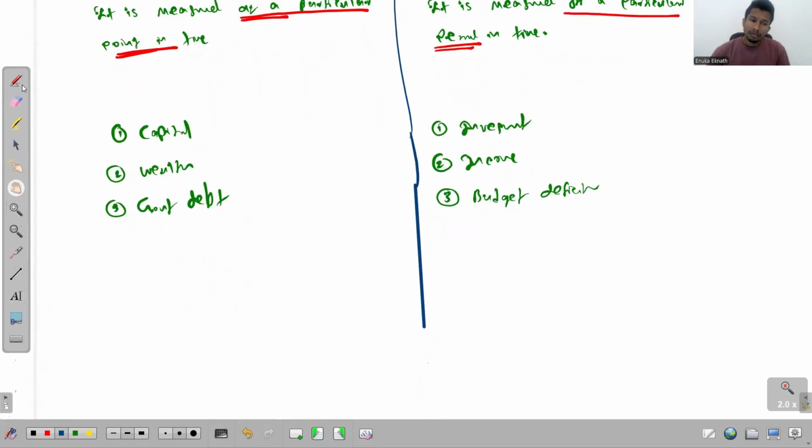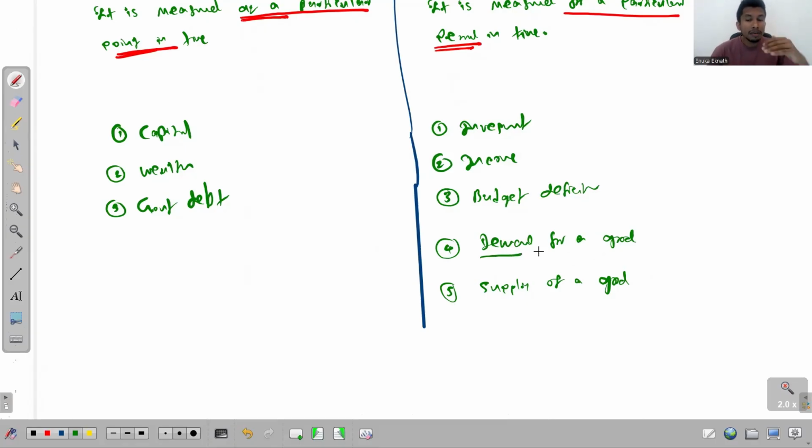So what are the other examples? Let me write. Think about this. I will write it on this side first: demand for a good and supply of a good. These are flow concepts. By definition, how do we define demand?